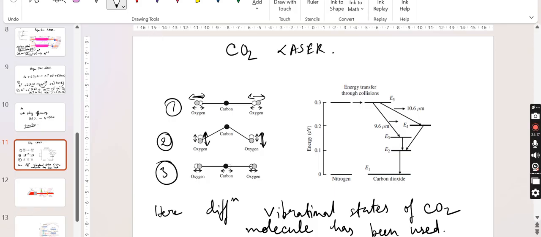So these are the 3 independent modes of vibration of the carbon dioxide molecule, and because of this, they can have different vibrational states. This is called symmetric stretching. This is bending. And this is asymmetric stretching.